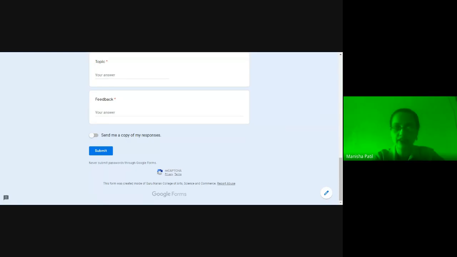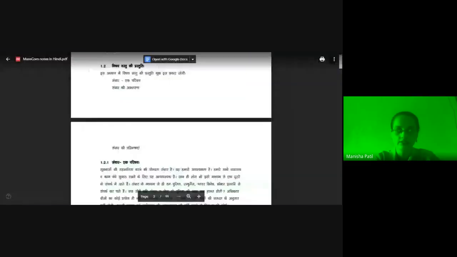The third thing that you will find on Google Classroom is mass communication notes in Hindi. There are some students who might have problem with English. So for them, I have kept these notes in Hindi. So you can see over here communication, sanchar. Then here you have parichay, that is introduction. Then you have paribhasha, that is your definition.